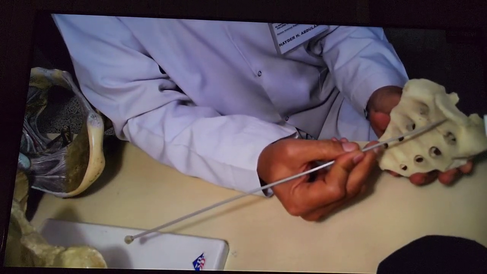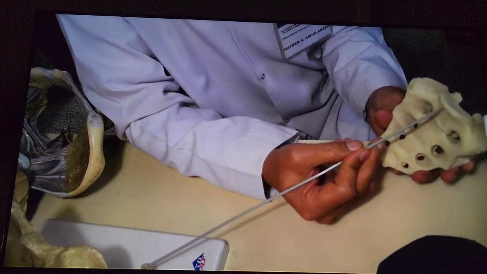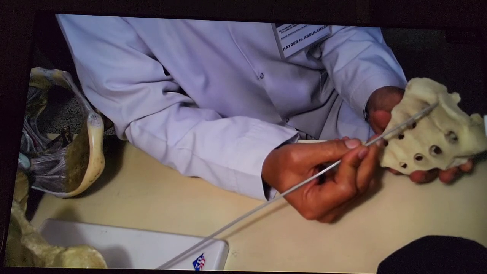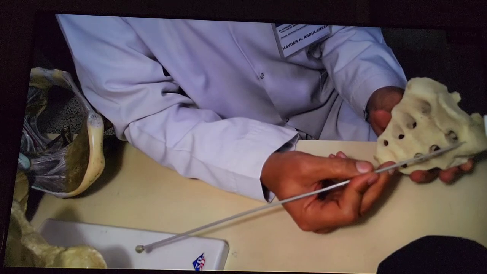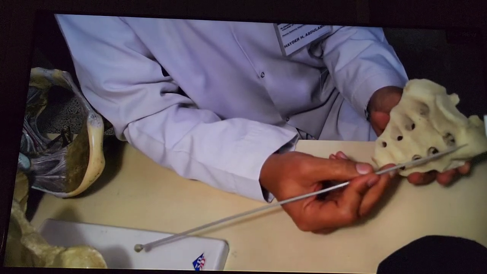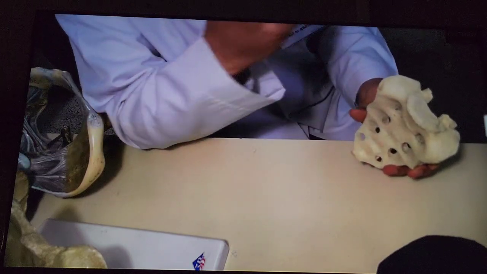Here we can see the first segment, called the body of the sacrum. On both sides of this vertebra we can see the superior articular facets.